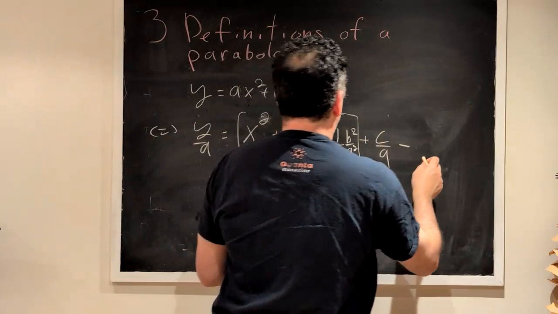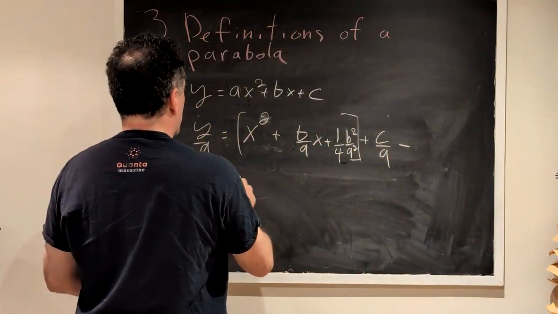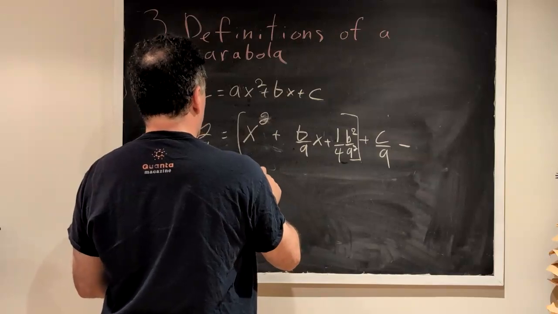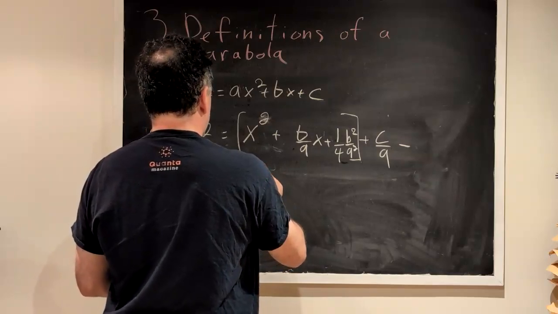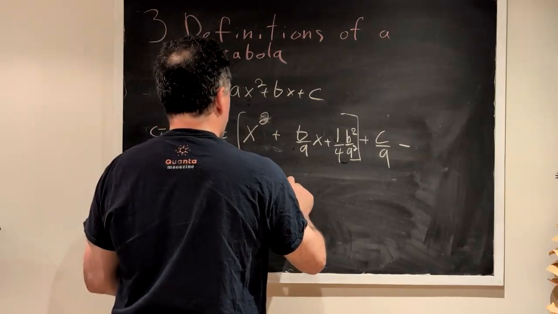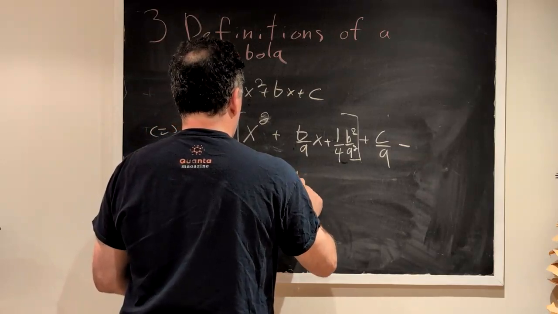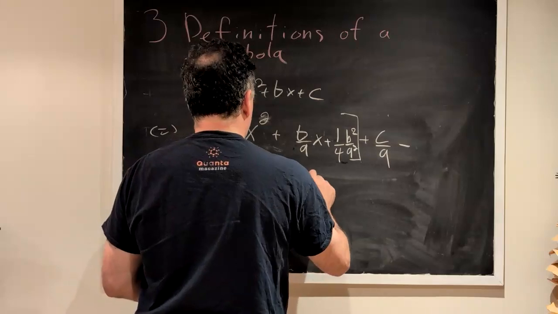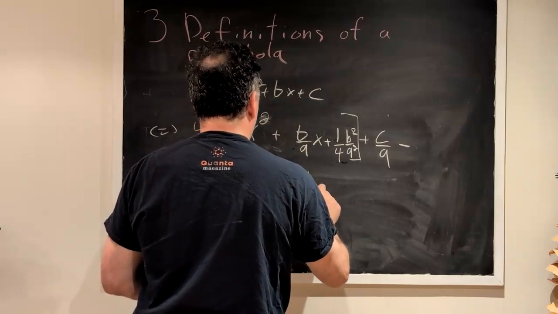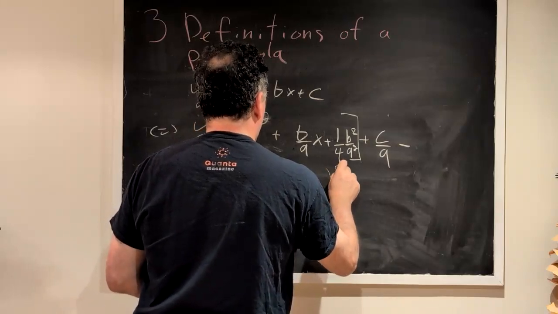It's easy to see that, well, I just will write the next line. It's going to be easier to see. This is x minus 1/2 b over a, all squared.